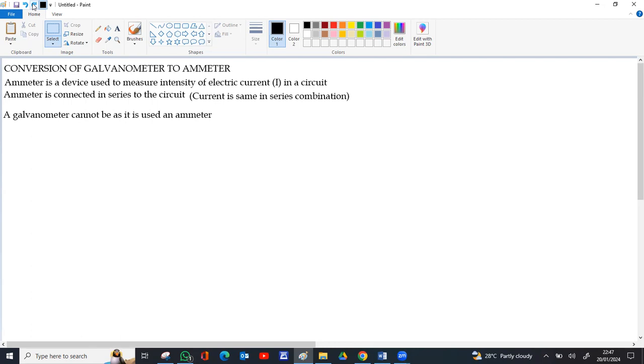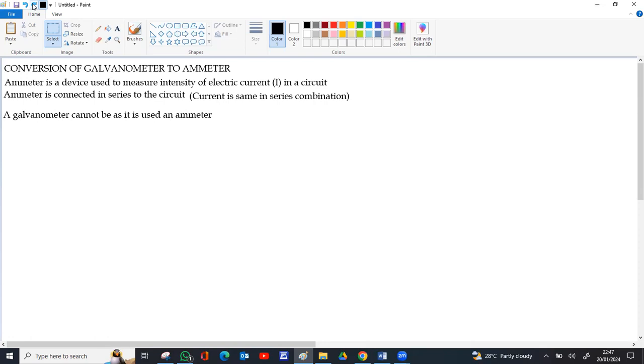When a current is already flowing through a circuit and you break the circuit to connect the galvanometer in series, due to the resistance of the galvanometer the total resistance of the circuit increases, and the current flowing through the circuit will decrease. So the process of measurement leads to a decrease in current through the circuit. So the value of current decreases. That's one reason why a galvanometer, as it is, cannot be used for measurement of current.